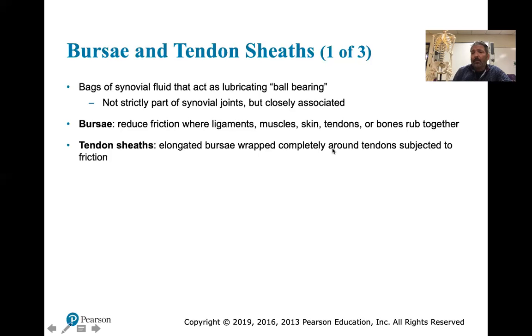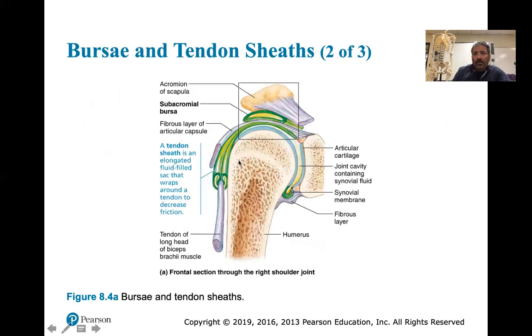An elongated bursa wrapped completely around tendons is subjected to friction. So there's your subacromial process, the scapula, and the humerus. This is your shoulder joint. But here, really, this is the bursa. If you look, you can't, it's hidden there.